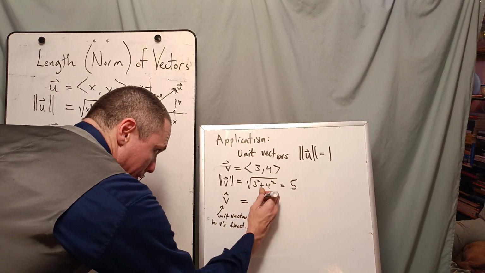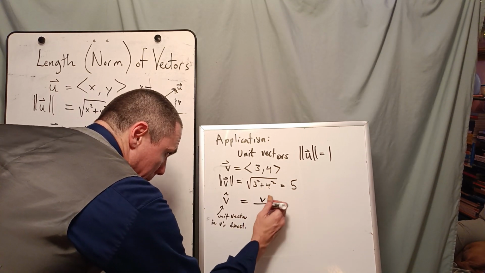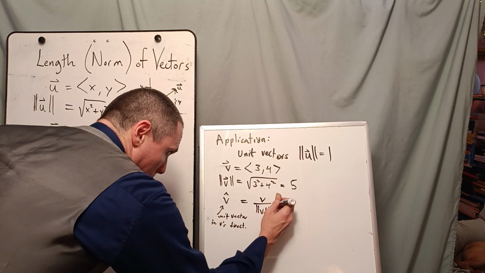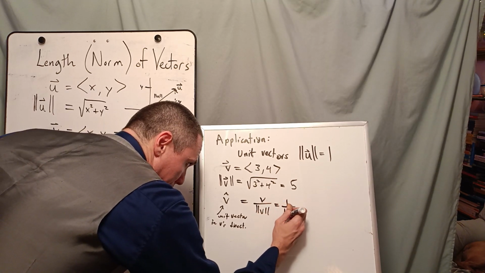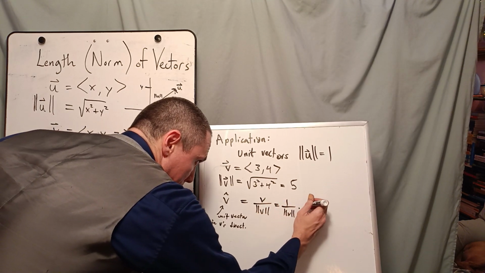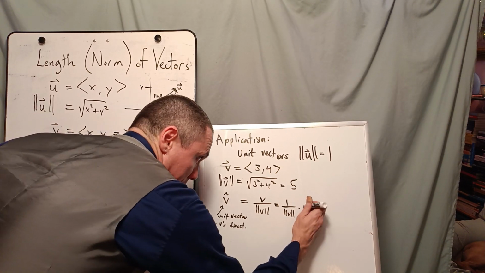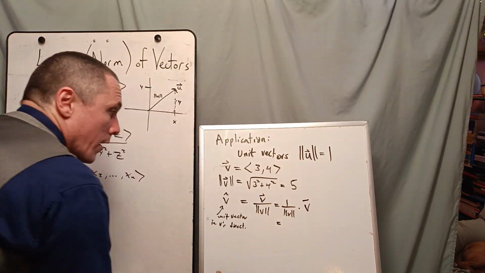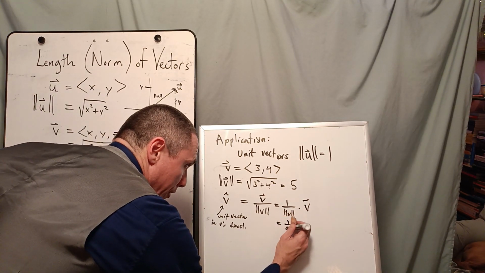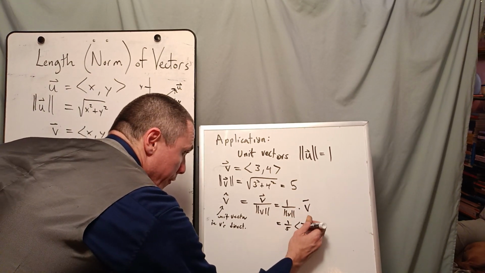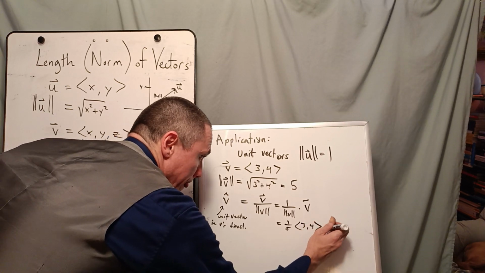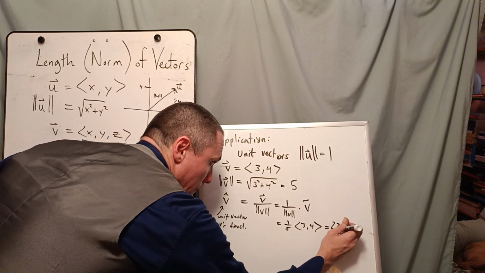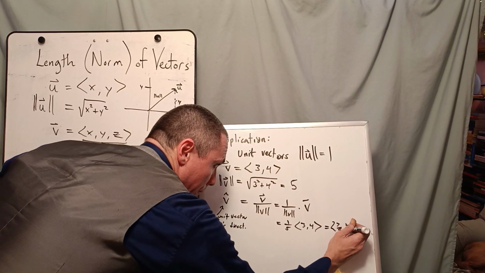This would be v divided by the norm of v, or better yet, 1 over the norm of v times, as a scalar number here, times v. So this is a scalar product being taken. And in this case, that would be 1/5 of 3, 4. That's 3/5, 4/5.